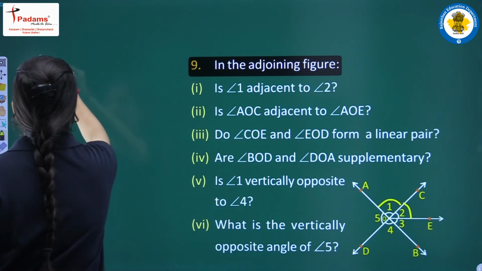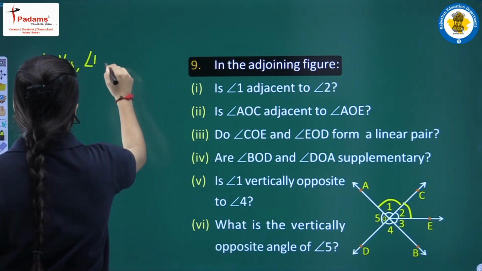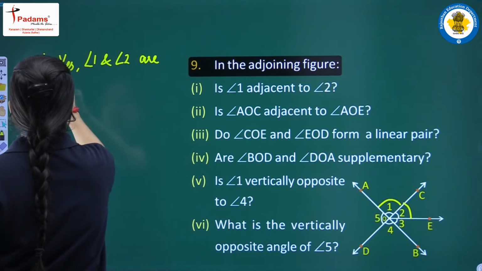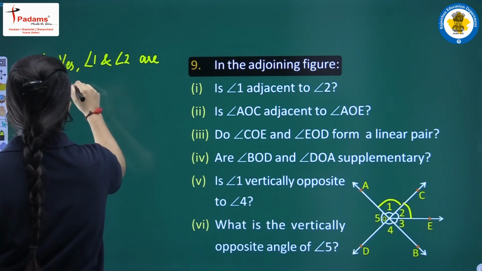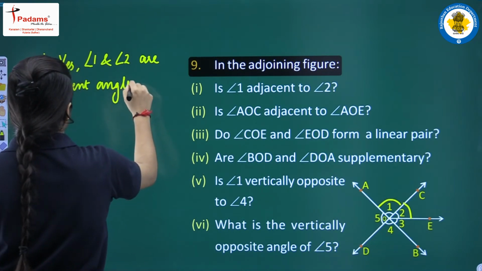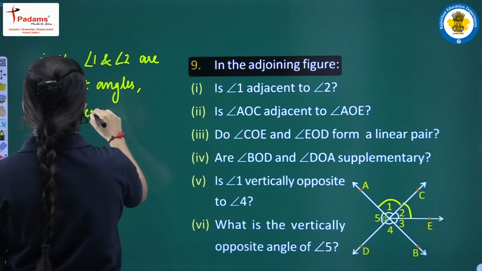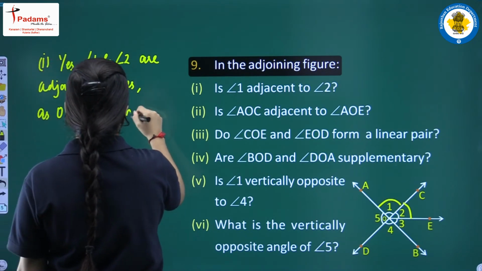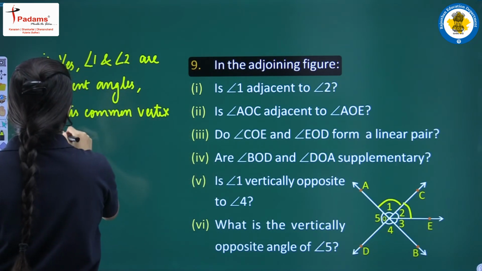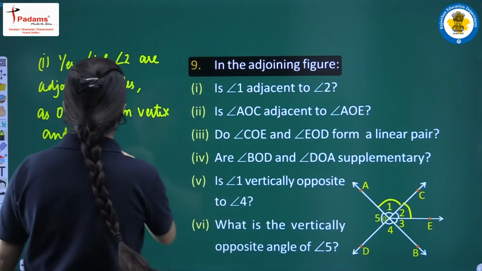Okay, so write it down. Yes, angle 1 and angle 2 are adjacent angles, as O is the common vertex and OC is the common arm.